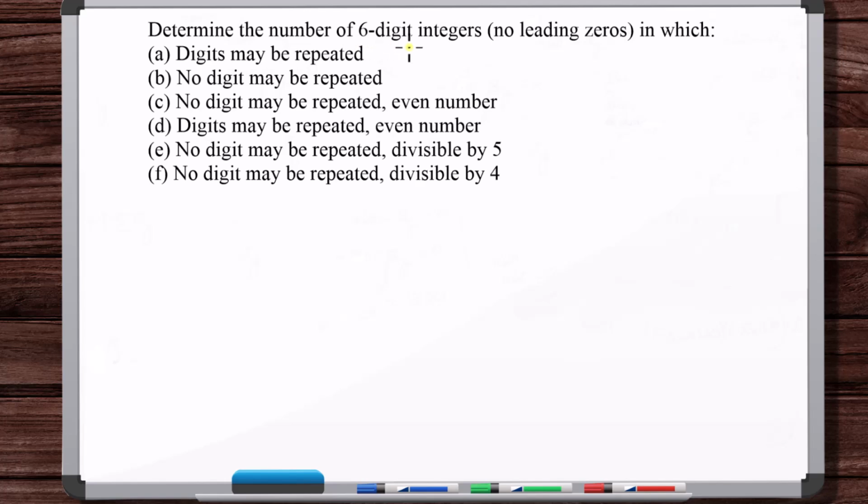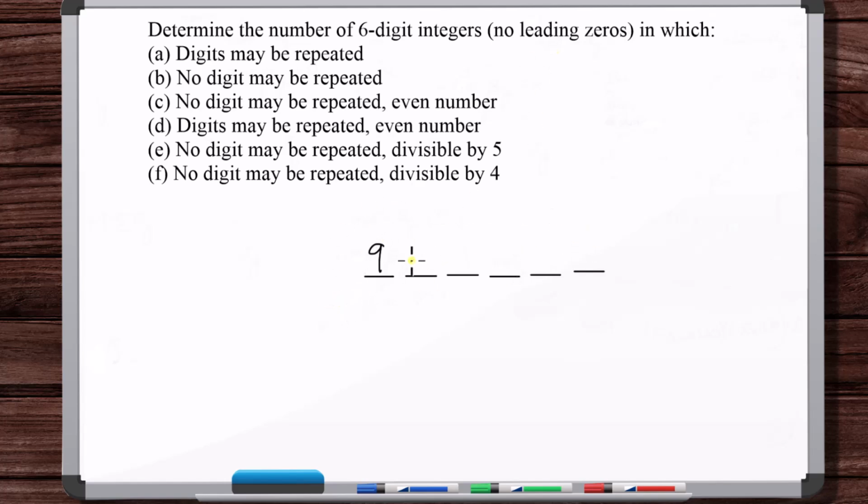Determine the number of 6-digit integers, no leading zeros, in which digits may be repeated. So, okay, 1, 2, 3, 4, 5, 6. The first position has 9 outcomes, it just can't be a 0, and that's the leading number.